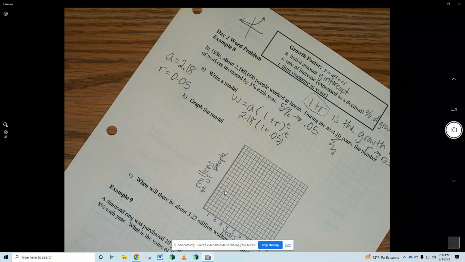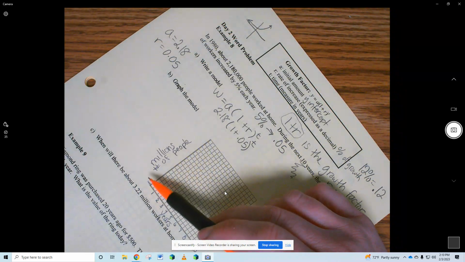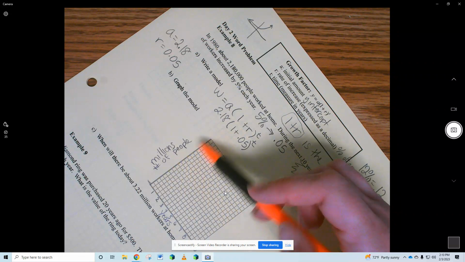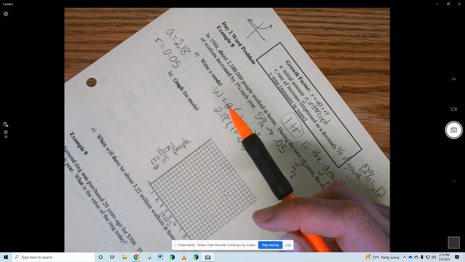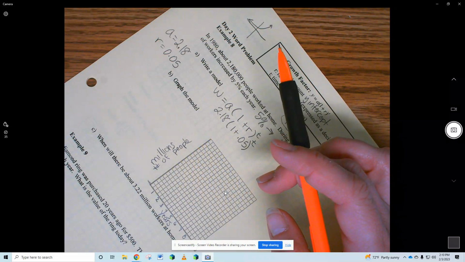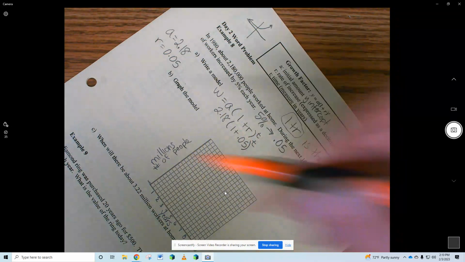I want my graph to reach 4 million by the top of my y-axis. So if I want 0 to be here, 0 million, 0 people, and I want the top to be about 4 million up here somewhere, there's 20 boxes, and I want to go to 4 million. How many boxes should 1 million be? 5 would be fine.